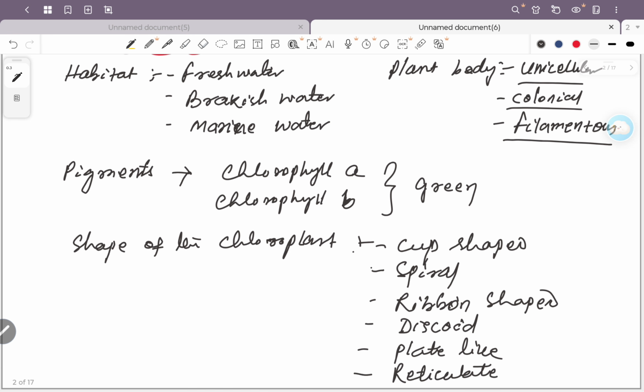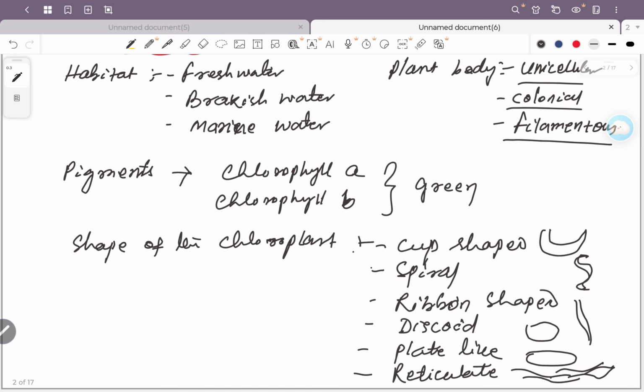So they may be cup shaped like this, or spiral shaped, or ribbon shaped, or discoid. Then they may be plate like, and reticulate means reticular, branched.